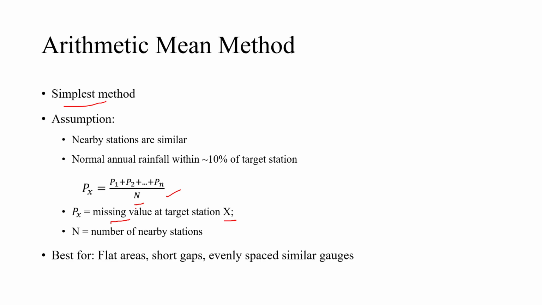This method can be used when the nearby stations are climatically similar to the target station and their long-term normal annual rainfall is within 10% of that at the target station.